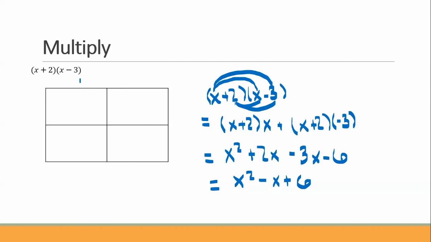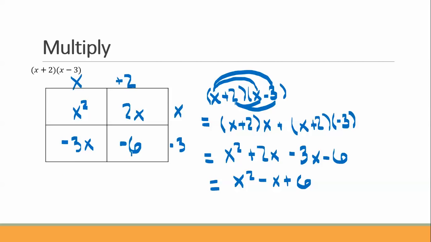Doing it as the box method, we have x plus 2 and x minus 3. This is x and x, so this is x squared, and 2 times x is 2x, x times negative 3 is negative 3x, and 2 times negative 3 is negative 6.